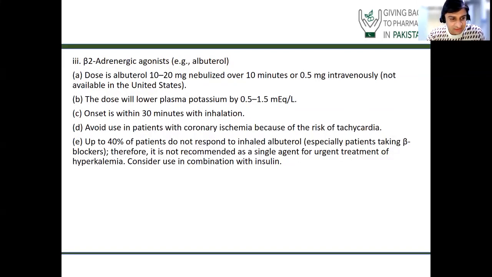Always combine this strategy with insulin or bicarbonate. All those patients who have baseline coronary ischemia or any baseline cardiac dysfunction, try to avoid the use of beta-2 adrenergic agonist in these patients because they might have tachycardia.